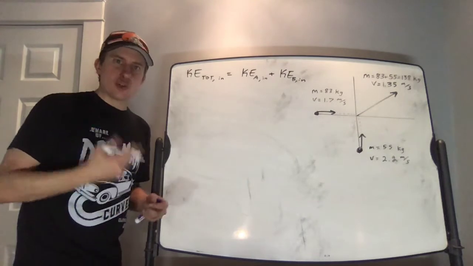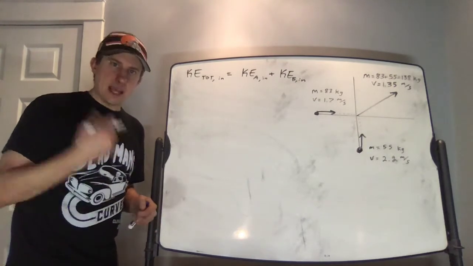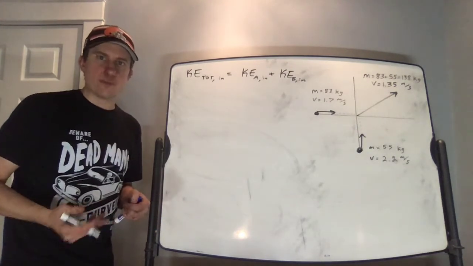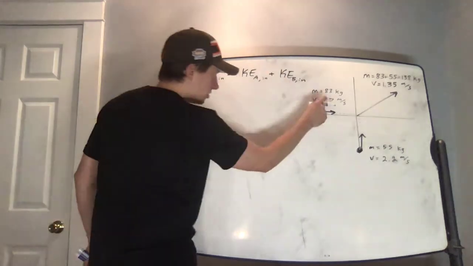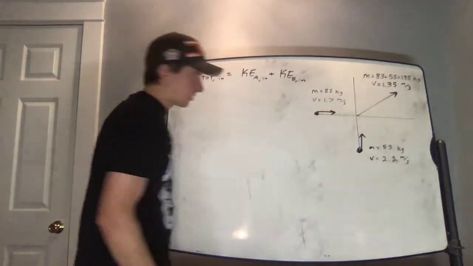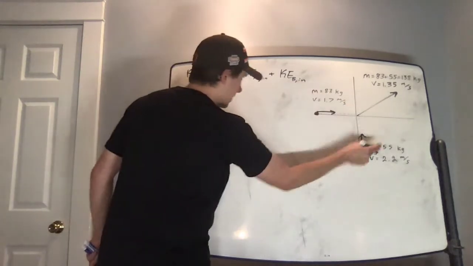Now, kinetic energy is 1/2 mv squared, and we are looking at kinetic energy before the collision, so I'm going to use these speeds from before the collision and their individual masses.